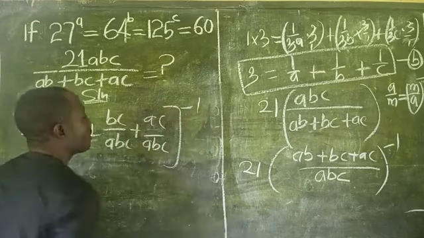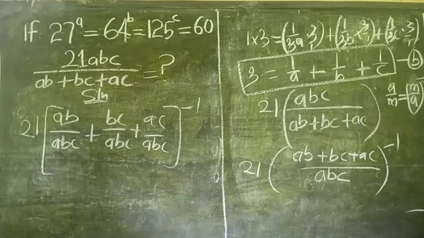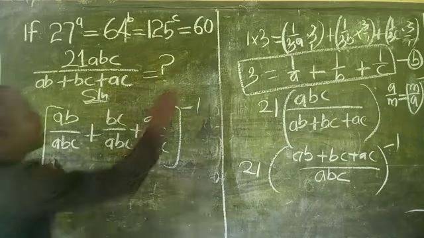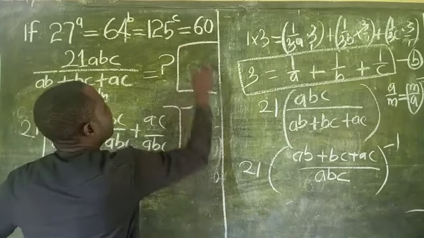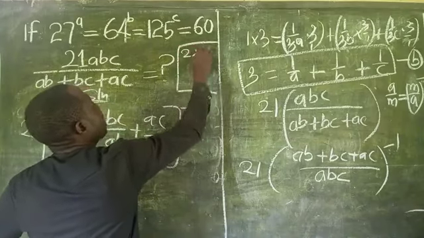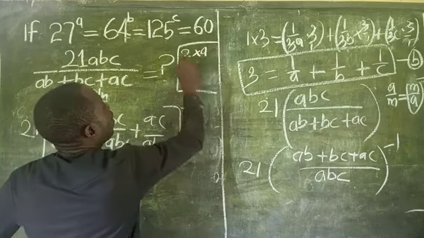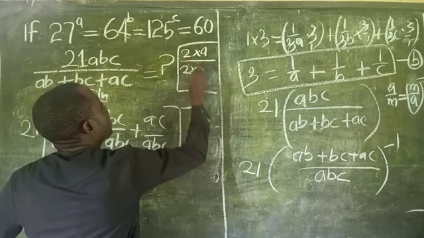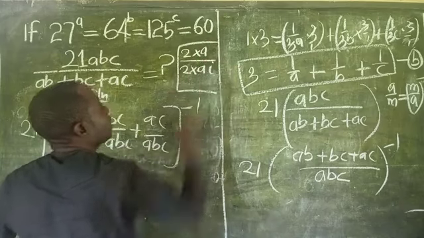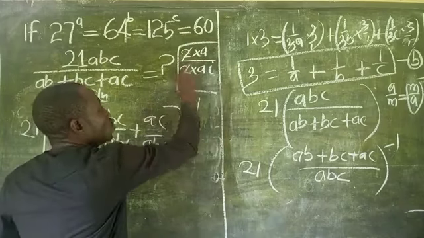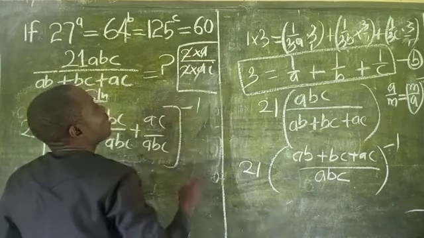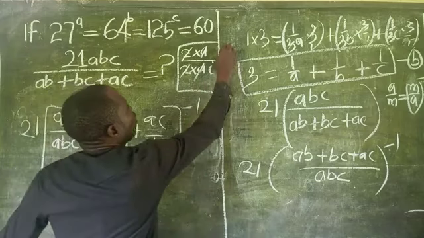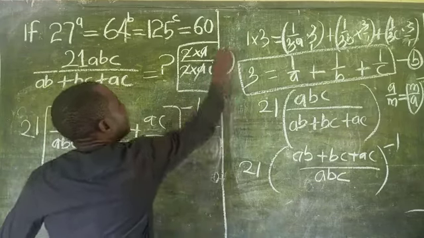Of course, let's talk about -1. Don't forget that again. Yes. So, if you look at this carefully, you will discover that if you take an example of 2 times A all over 2 times AI, you can cancel 2. You can also cancel A. It will be left with 1 over I. You see this?